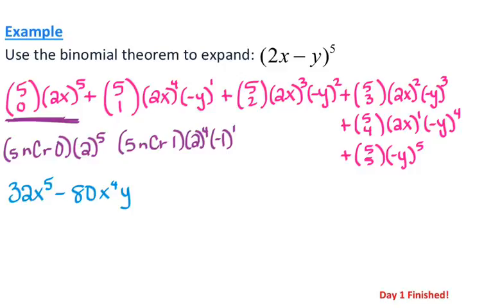So what I'm plugging into the calculator is just the numbers. So for my next term, it's 5 choose 2, and then that's 2 to the 3rd, and -1 to the 2nd. And that gives me +80, so that's plus 80, and your x was being cubed, your y was being squared.